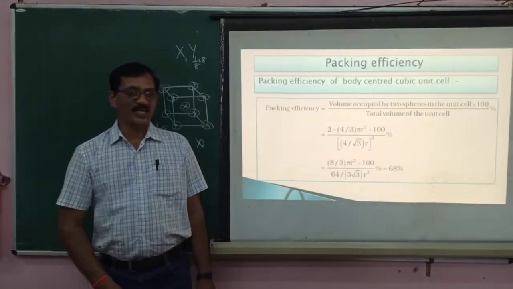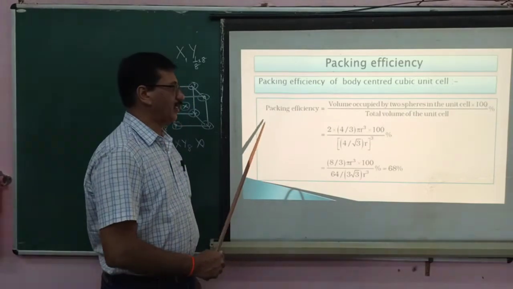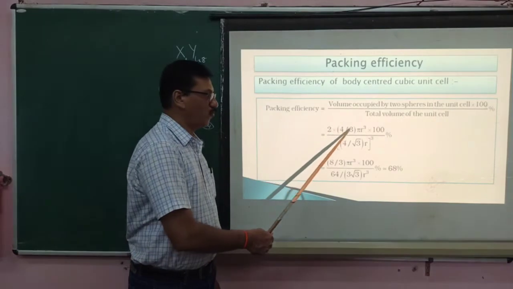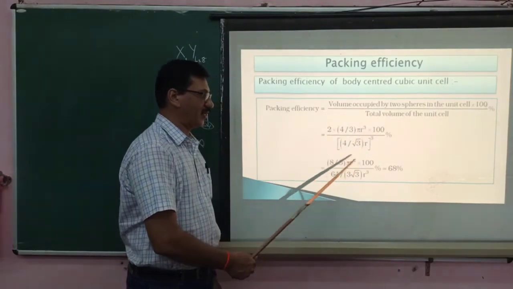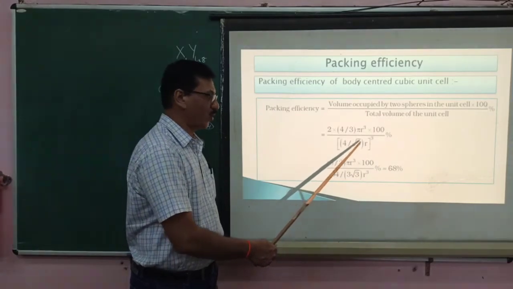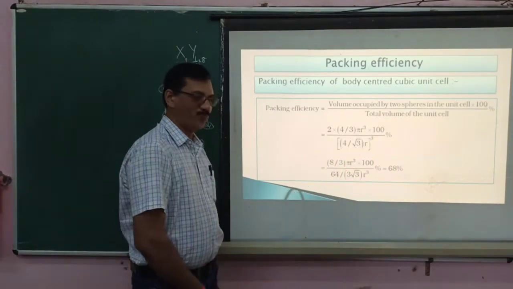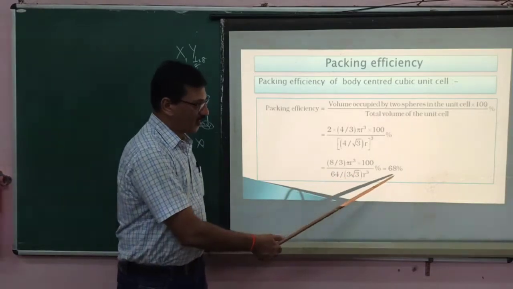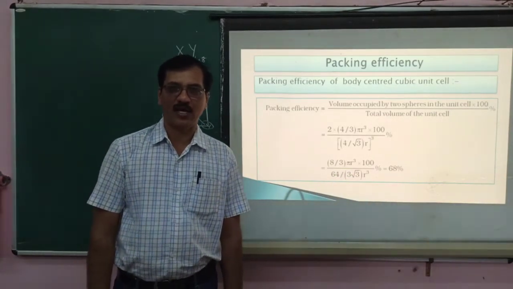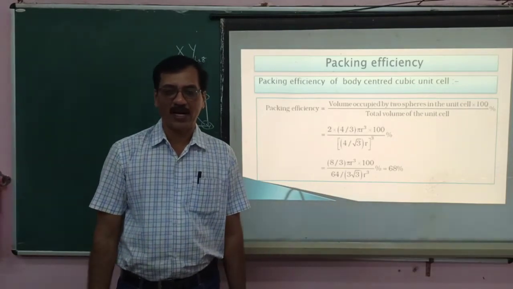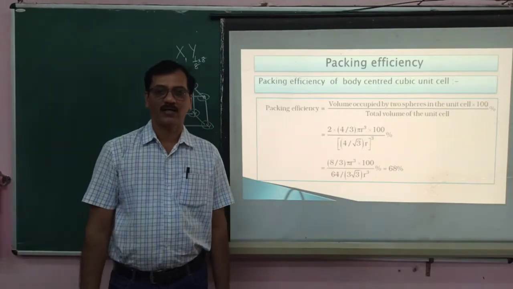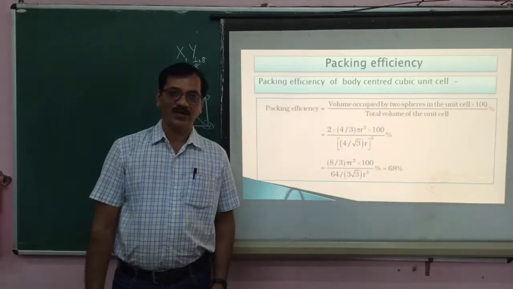Now coming to the body centered unit cell. In the body centered unit cell, 2 atoms are there. 2 atoms into 4 by 3 pi r cube into 100 in the numerator, and the edge length in terms of r is 4 by root 3 into r, whole cube. Again, by simplification we get 68%. So the body centered cubic unit cell is more efficient in packing than simple cubic or primitive unit cell, but it is less packed compared to FCC.